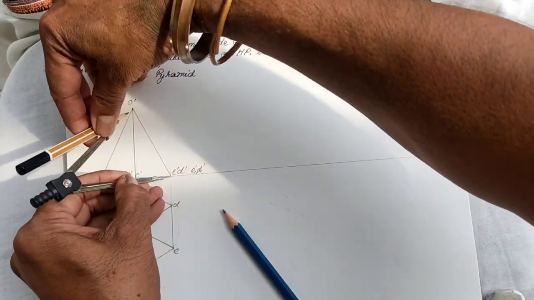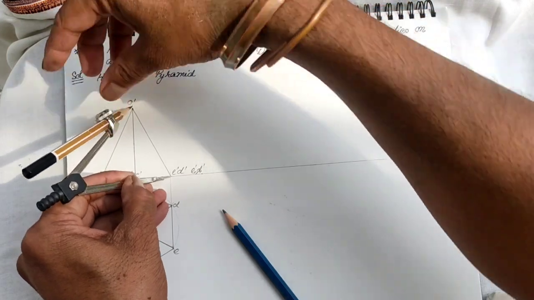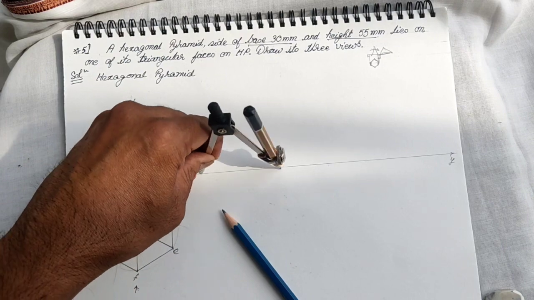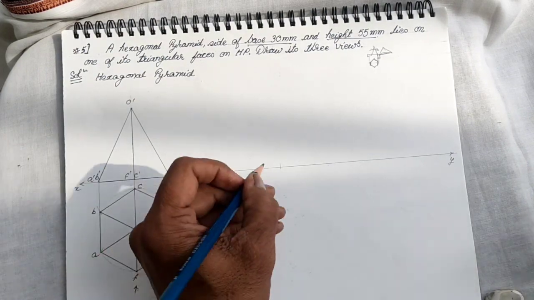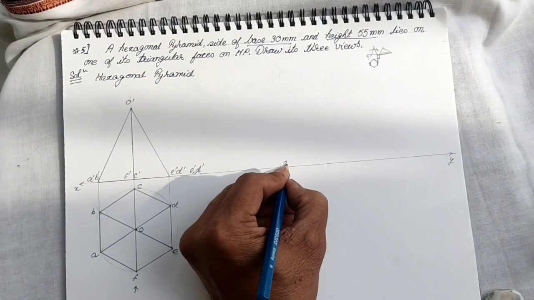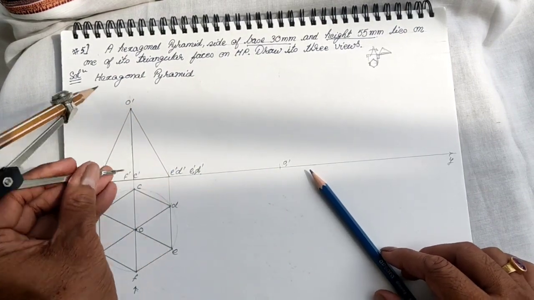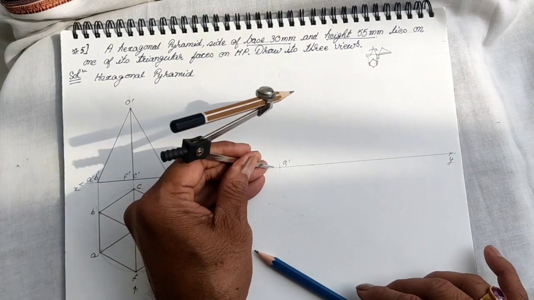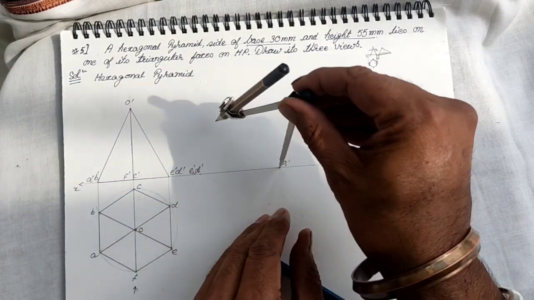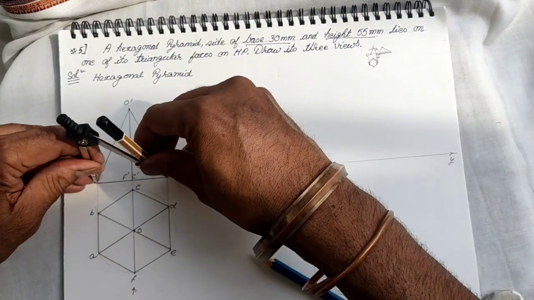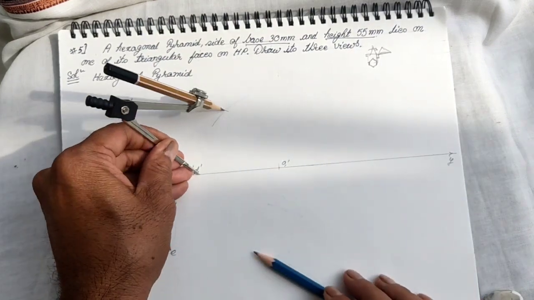So we take this length in compass, E1, D1 as center, and I mark it. So we get O1 dash. This side of the triangle is the same because this is an isosceles triangle. So we are reproducing the same triangle.